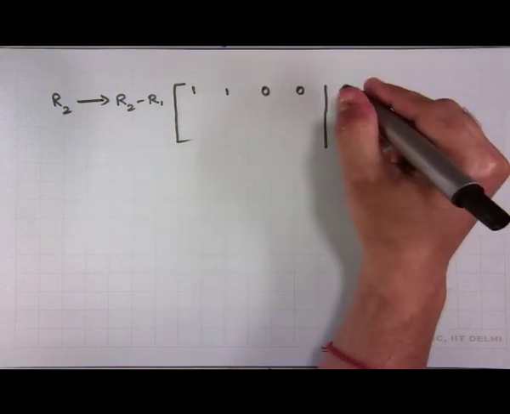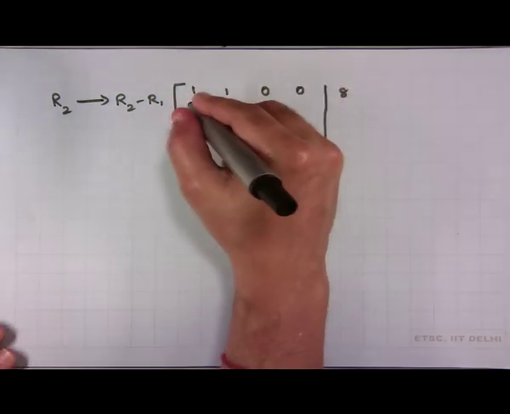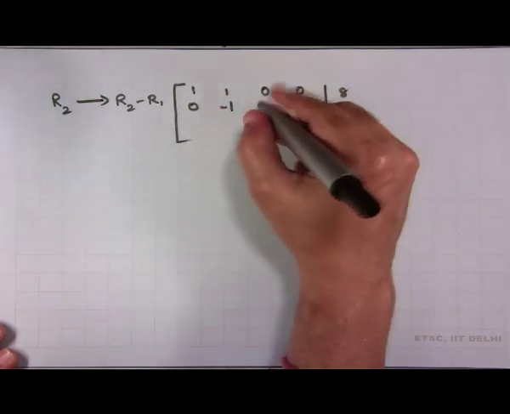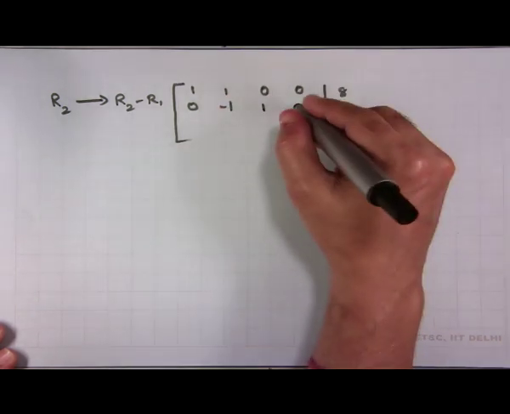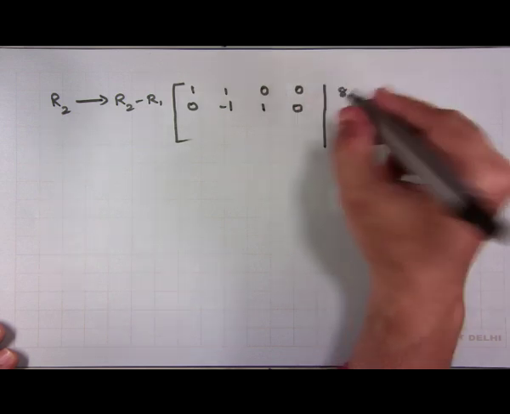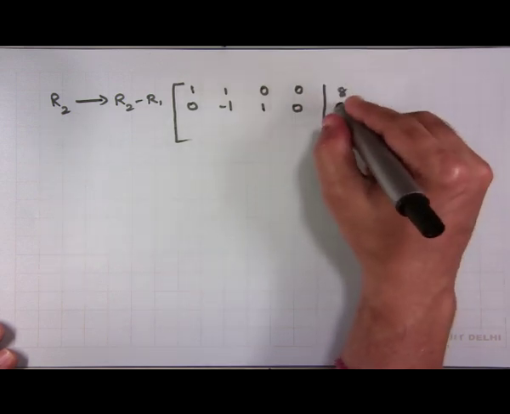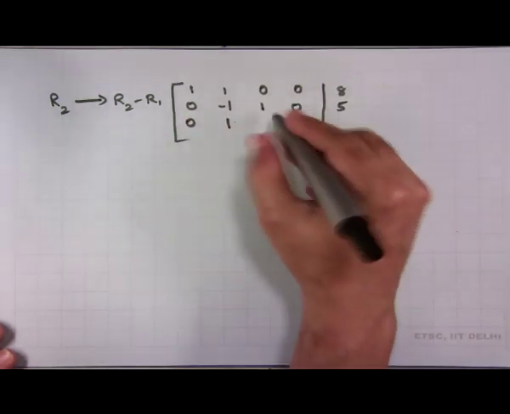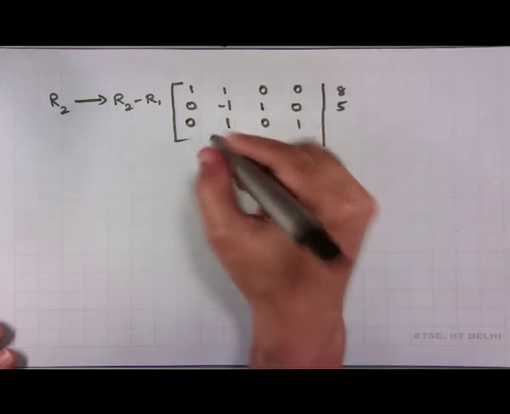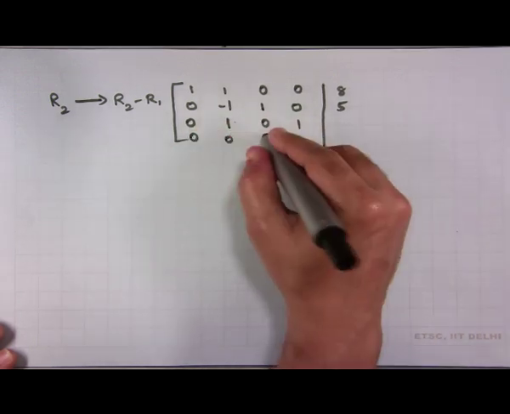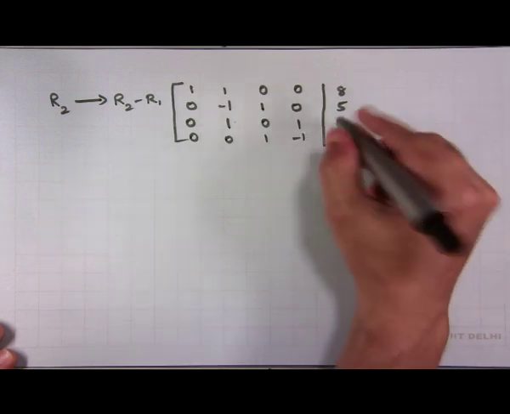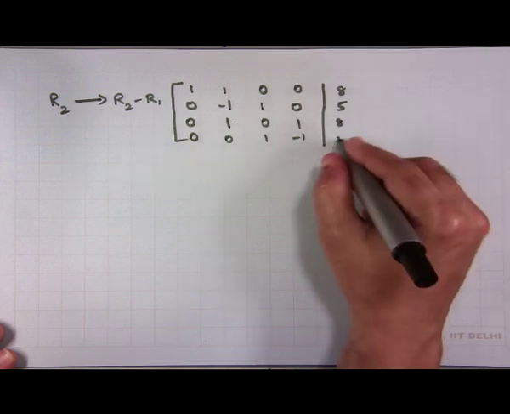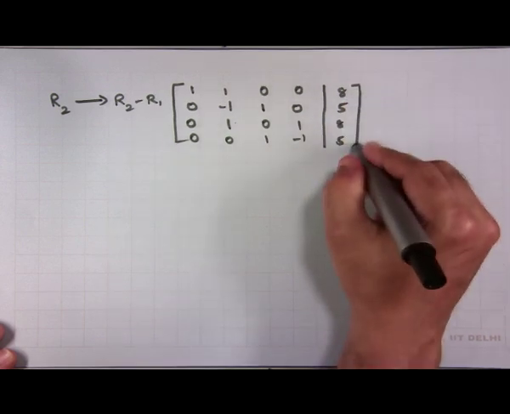Second row, R 2 minus R 1: 1 minus 1 which is 0, 0 minus 1 you get minus 1, 1 minus 0 which is 1, 0 minus 0 which is 0, 13 minus 8 which is 5. Other rows, 0 1 0 1, 0 0 1 minus 1, 8 and 5, remain unchanged.